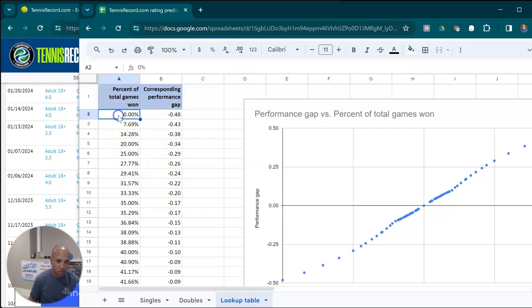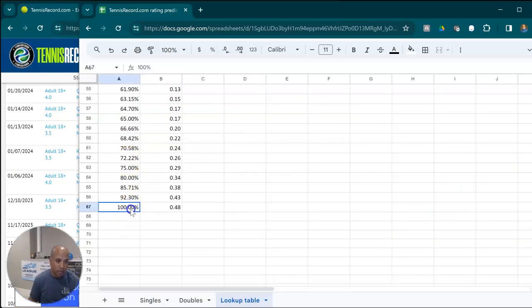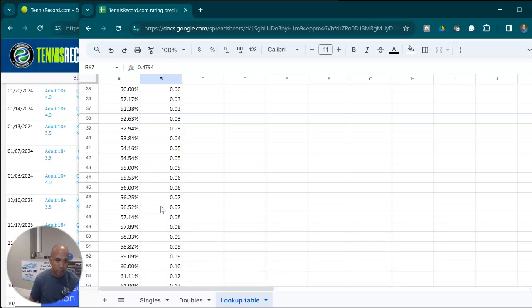This table shows that if you won 0 games, then what TennisRecord.com thinks is that you performed at a 0.48 rating worse than your opponent. And conversely, if you won 100% of the games, then you performed 0.48 better than your opponent.